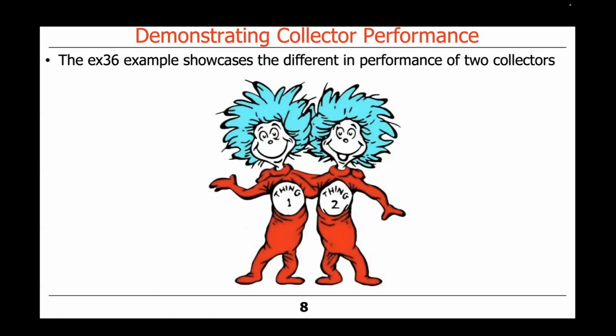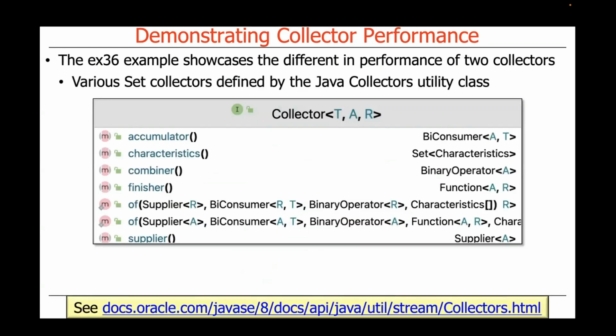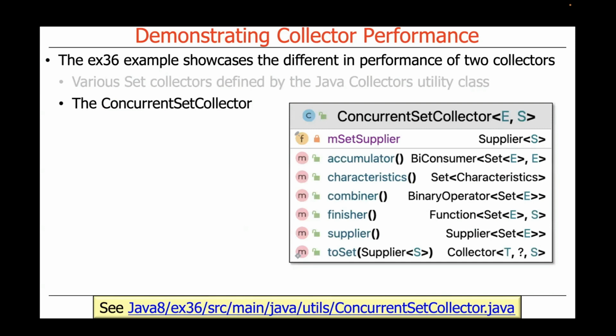We're going to take a look at case study EX36, which shows the difference in performance. We're going to have some collectors that use the Java set implemented by a tree set or a hash set, and that will be done for non-concurrent collectors. Then we're also going to show how you can make your own concurrent collector, which we're going to call the concurrent set collector.